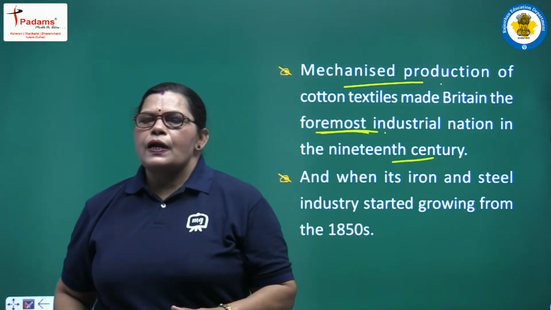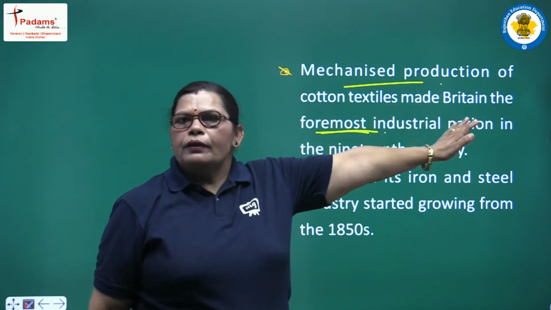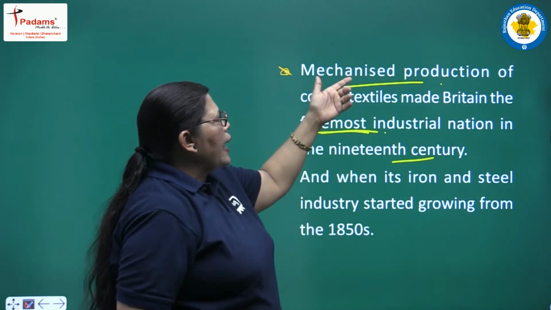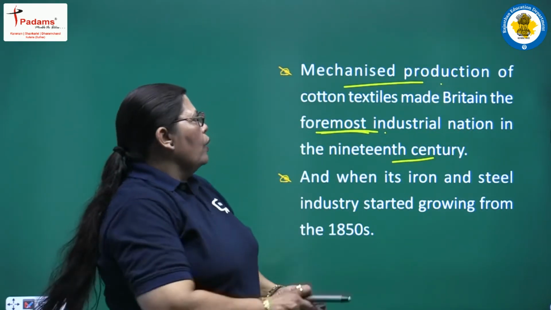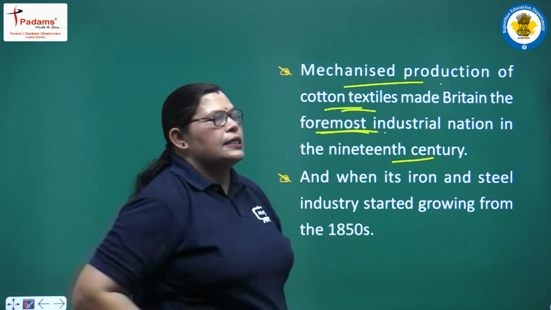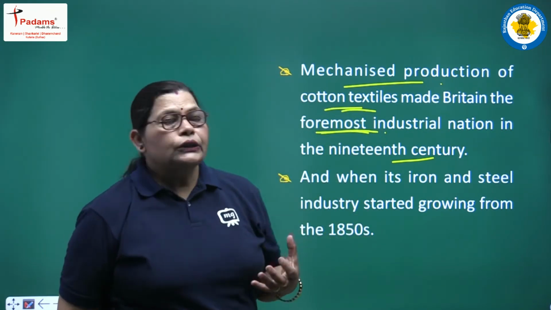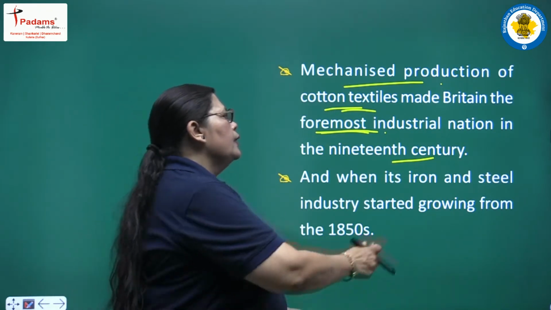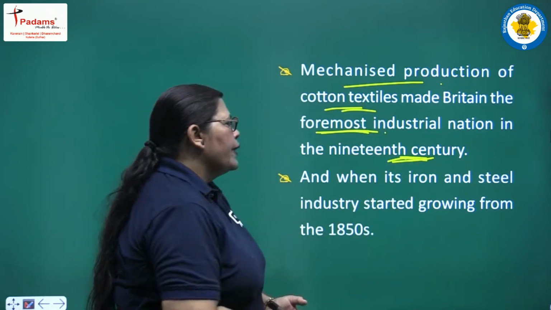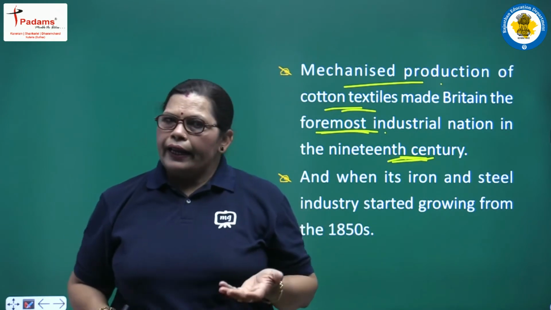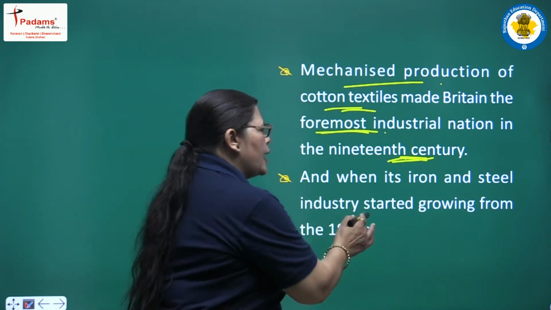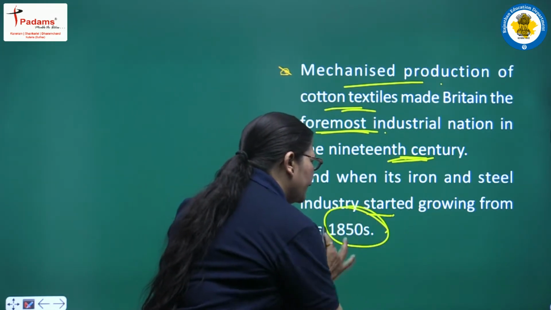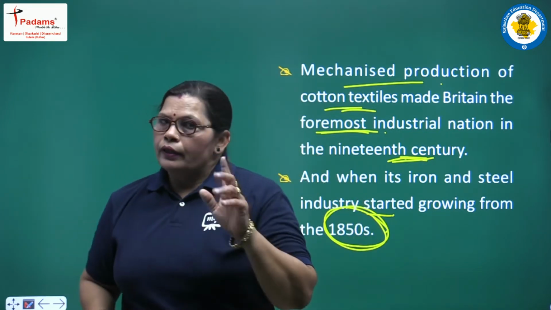When we discussed Britain, what happened in Britain? New mechanized production of cotton textiles started, and this made Britain the industrial nation in the 19th century. And its iron and steel industry started growing from 1850.